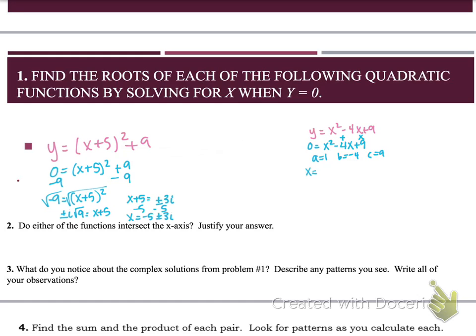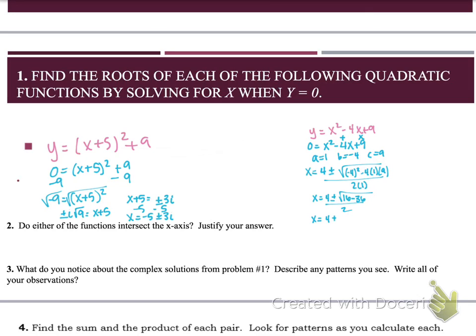So x equals negative b, which gets a positive 4, plus or minus the square root of b squared minus 4 times a times c, all over 2 times a. Okay, so I got x equals 4 plus or minus the square root of 16 minus 36 over 2.